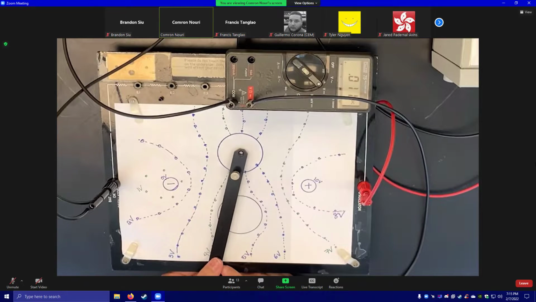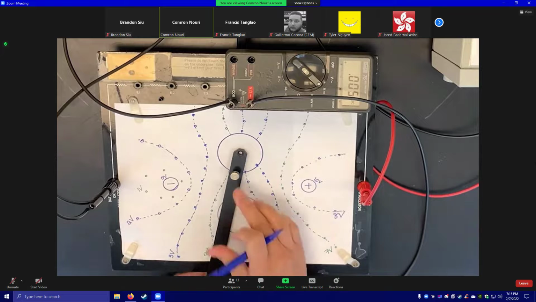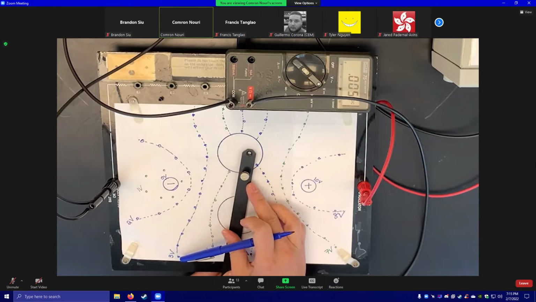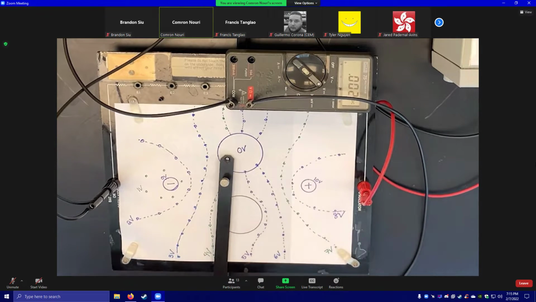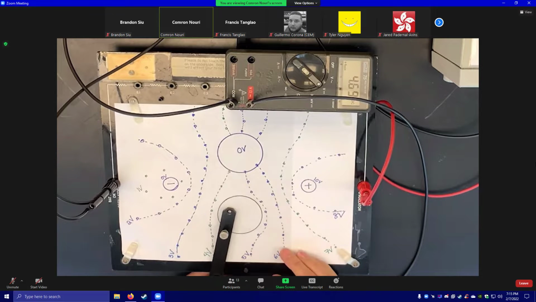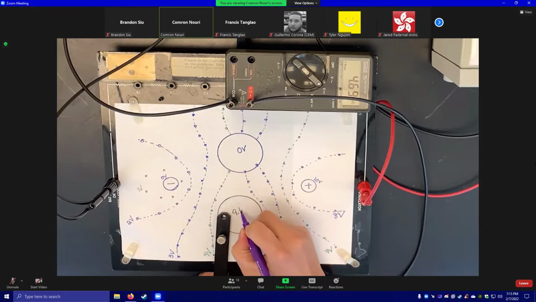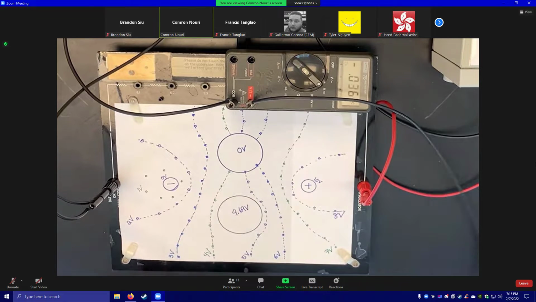Yeah, see in here, every point in that region shows 0 volt. And it is not, in fact, 0 volt. I will explain why it shows 0. And every point in here shows 4.69 volts.